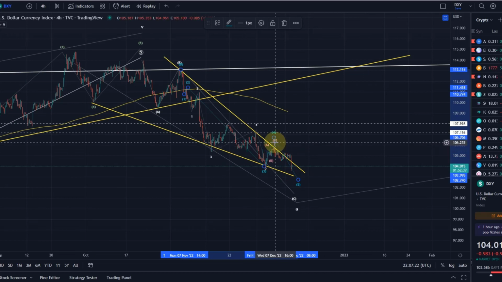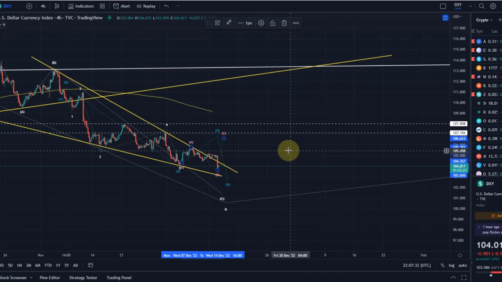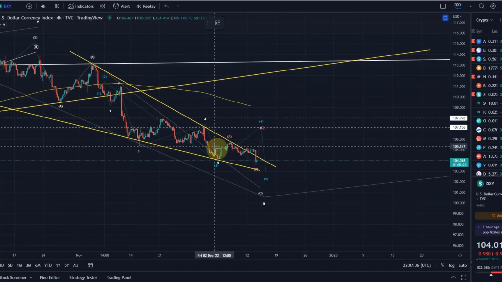Does it mean this sort of ABC scenario is completely gone? No. You can get those flat patterns, those expanded flats. They are rare, but they do happen, especially if you have a day like today where you had CPI data.